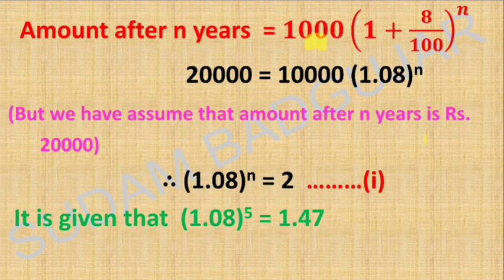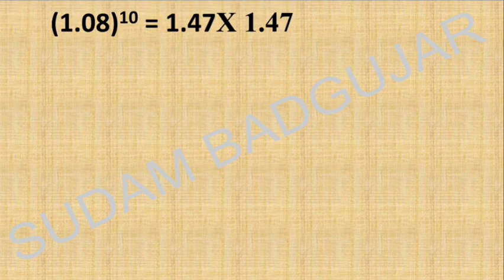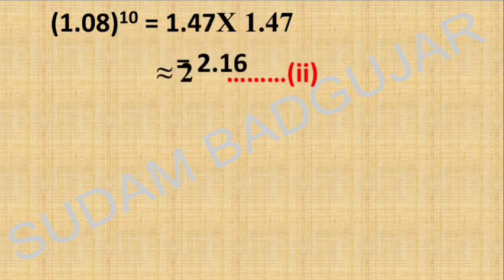It is given that 1.08 bracket raised to 5 is equal to 1.47. On squaring this one, that is nothing but 1.08 bracket raised to 10 is equal to 1.47 the whole square, means 1.47 into 1.47, and that is nothing but 2.16, which is approximately 2.